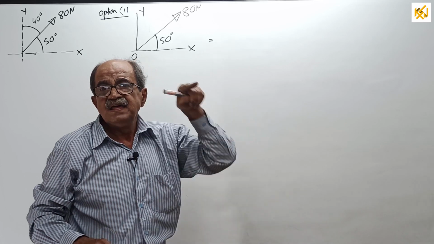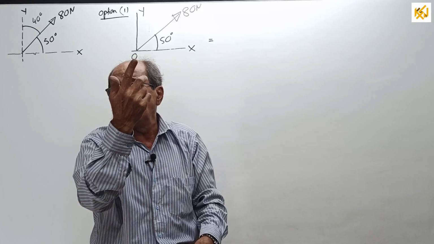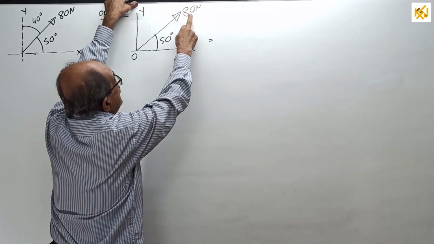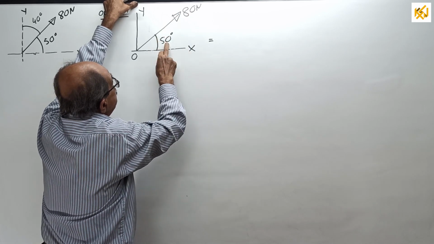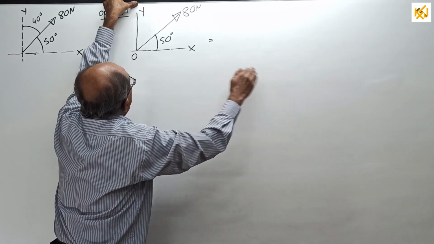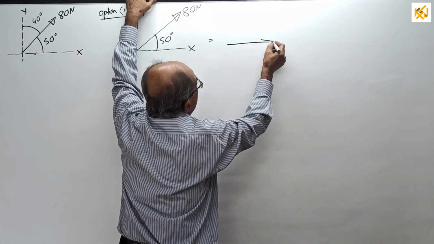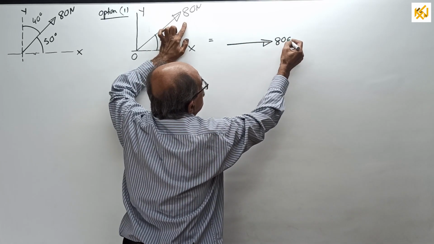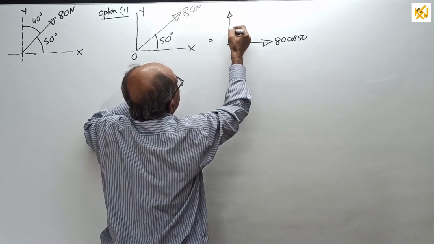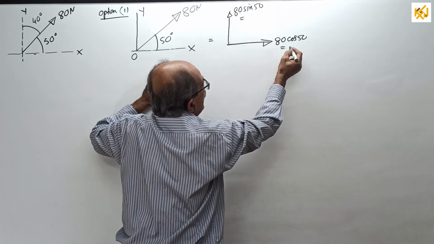The perpendicular one, the normal one, is sine. Now I am considering 50 degrees with the x direction. Therefore, firm in the mind, x is cos, y is sine. So if I resolve this way, this will be 80 into cos 50, and this will be 80 into sine 50. Write the answer. I have to calculate the answer.